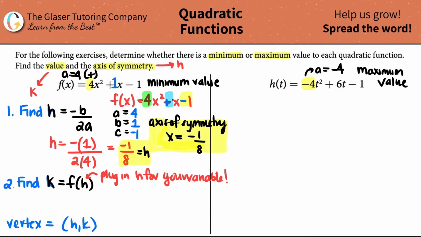So, for f of x equals 4x squared plus x minus 1, I'm now just going to substitute in my x value, which was the negative 1/8, or the h value, which is the same thing. So instead of saying x, I'm just going to say negative 1/8, and that means that all of the x values have to get plugged in as well.